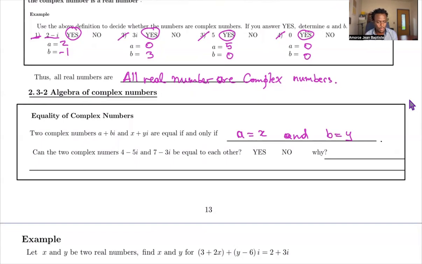Here's a quick example. I have the two complex numbers, 4 minus 5i and 7 minus 3i. Are they equal? Your answer should be no.